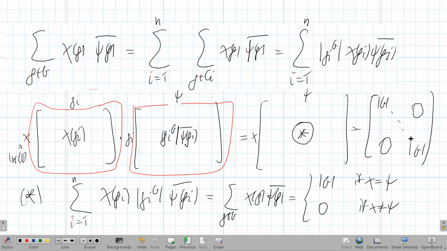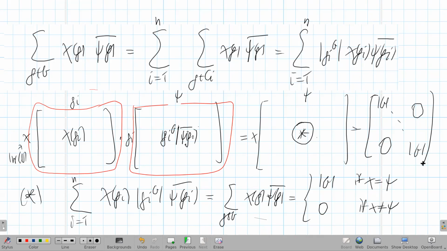Okay, let's write this on the next page. So I think this is clear. This is just the term here at the intersection, in the product, of the chi row and the psi column, which is this object.